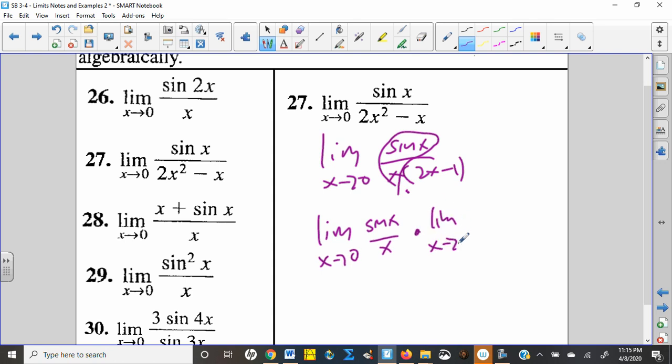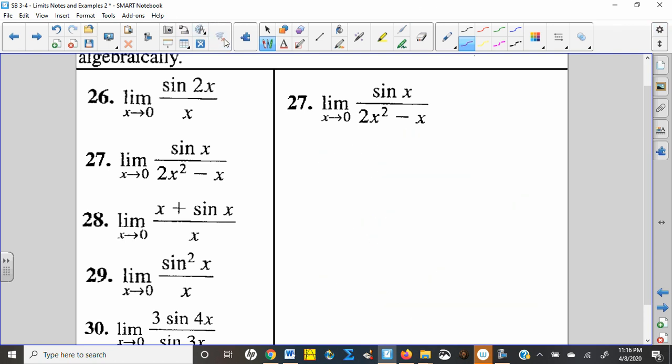And what's left? Not 2x minus 1, 1 over 2x minus 1. You got to pay attention to where that is. So this whole thing turns into a 1. This has to be evaluated. So I get 1 times 1 divided by negative 1 is negative 1. So negative 1 is our answer for number 27.